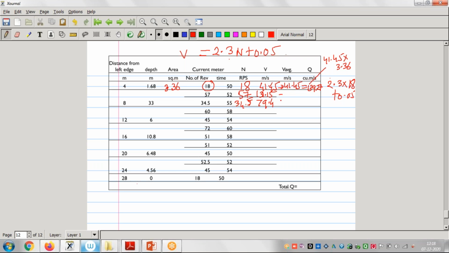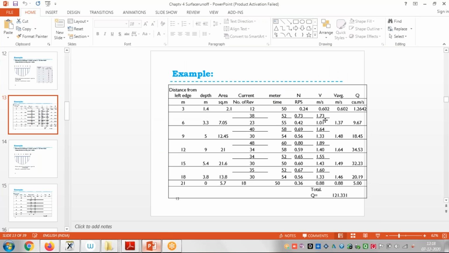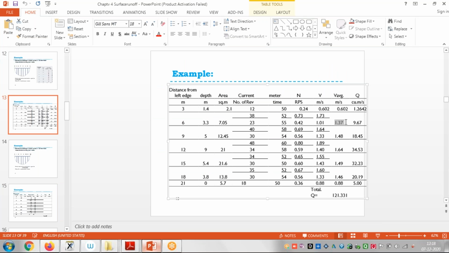Now in this case, we will take the average of these two. Average of these two means 131.15 plus 79.4 divided by 2, right? Because they have taken the same thing in the previous one. They have taken 1.37. How are they getting 1.37? 1.73 plus 1.01 divided by 2, right?